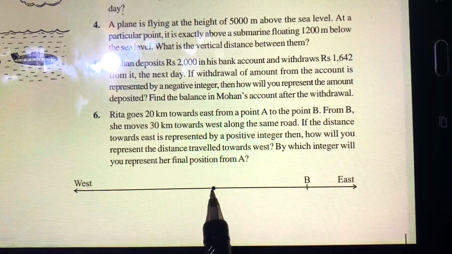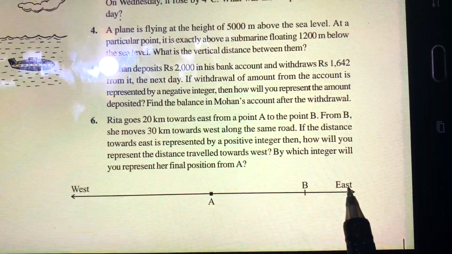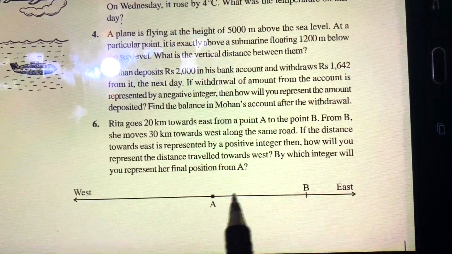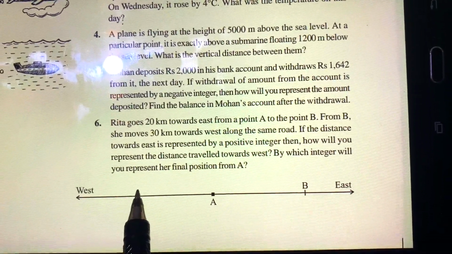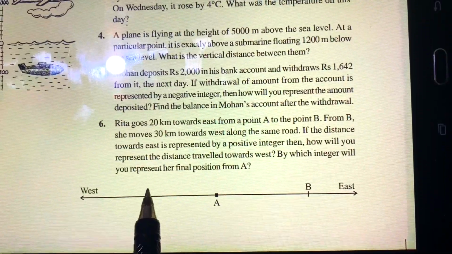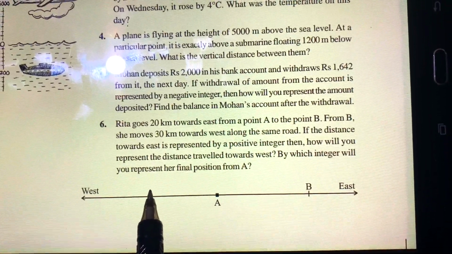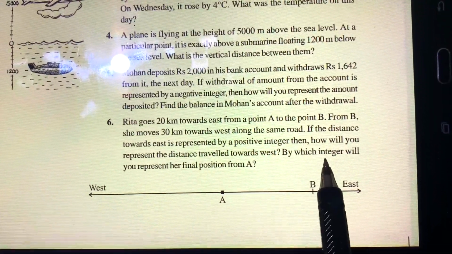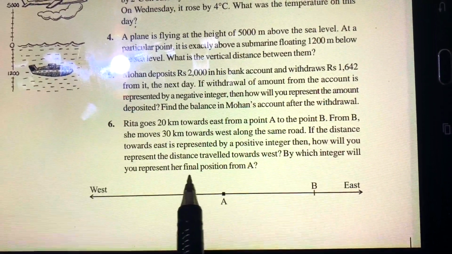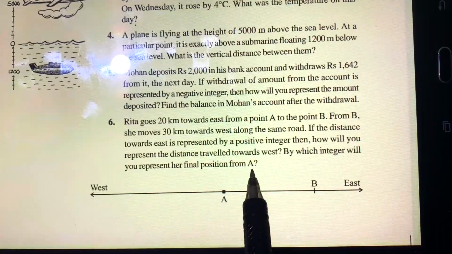This is the midpoint A. East is represented by a positive integer, so when she moves towards the west side, we will represent it as a negative integer only. Now, the next question is, by which integer will you represent her final position from A?